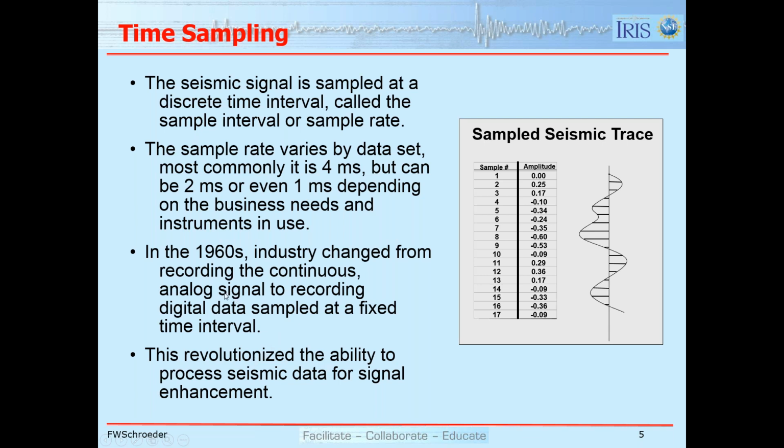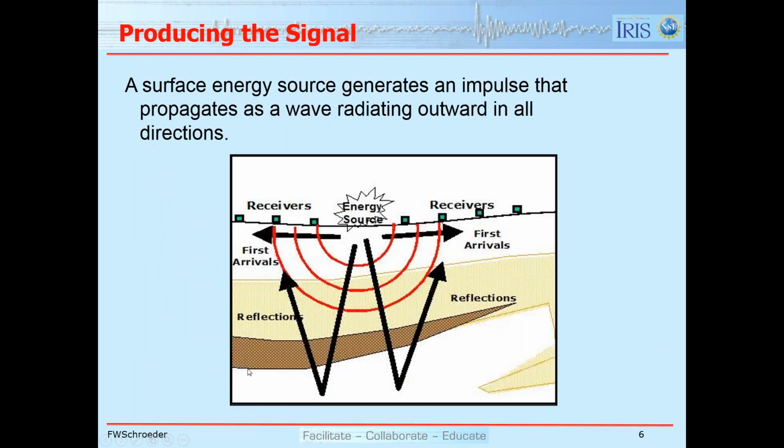Going from analog to digital in the 60s revolutionized our ability to process the seismic data and do signal enhancements. So we produce the signal using an energy source at the surface, and that energy propagates down through the subsurface.